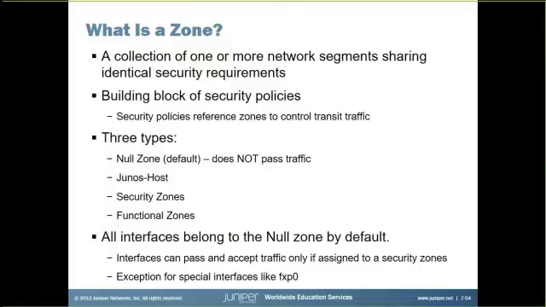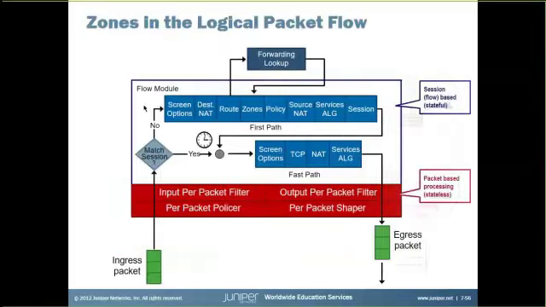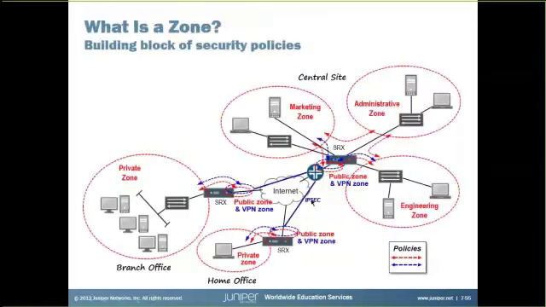So here's an example where you have a typical network topology where there is a central site, and then you have some branch offices or home offices. And what we're doing here is setting up some IPsec connectivity across the internet to set up these remote access or access between the central site and the branch offices and so on.